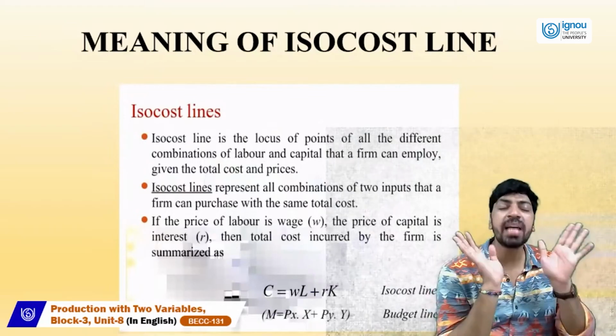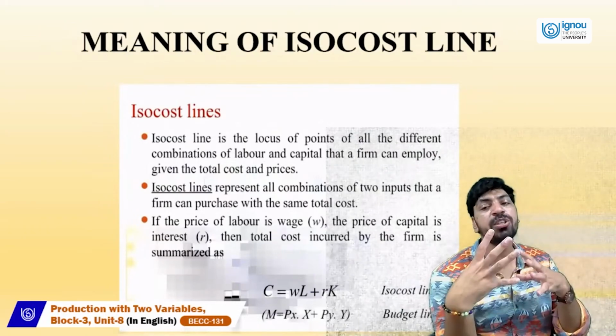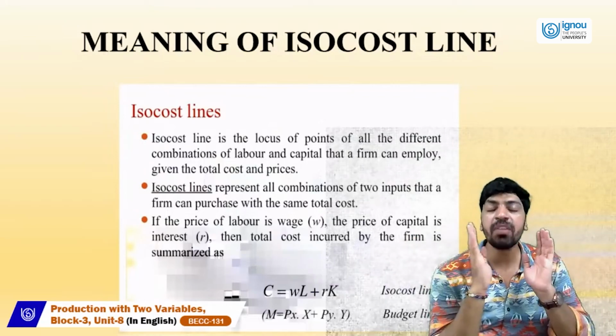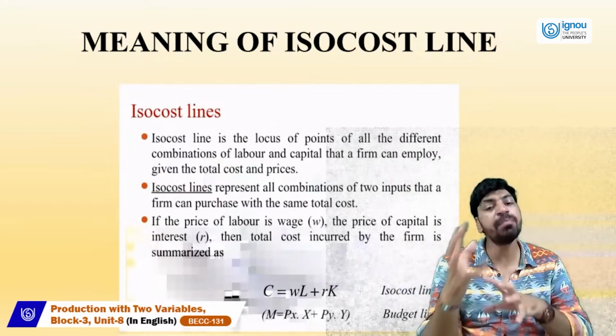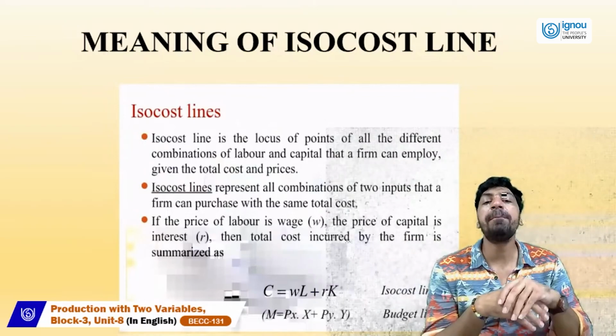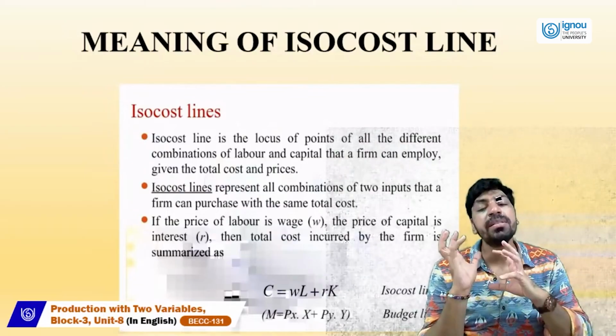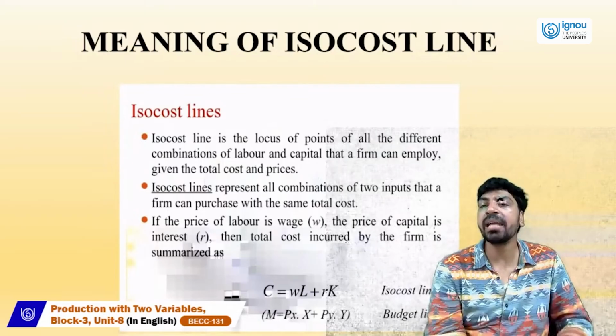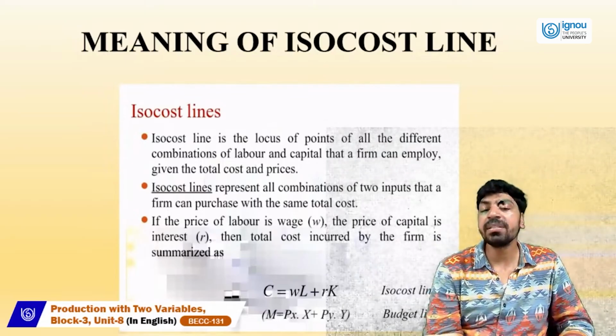In simple words, it shows all combinations of inputs that the firm can use and purchase with the same total cost, and that particular line is called the isocost line.